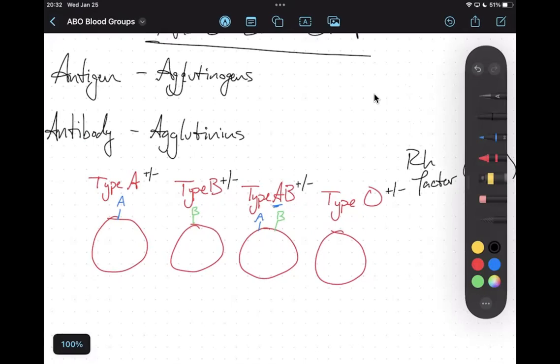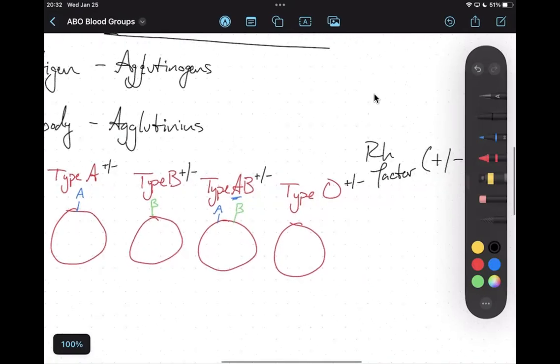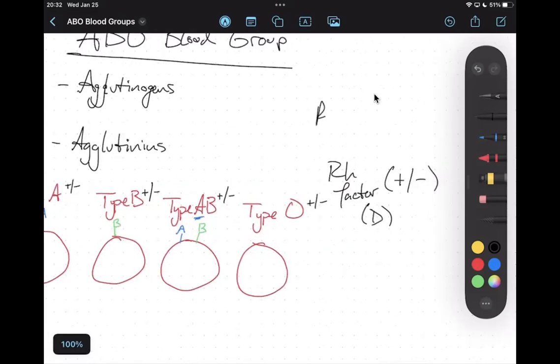This RH factor is sometimes also called the D antigen, because it is encoded by a gene called the RH gene, or the RHD gene. The RH factor was originally discovered in the rhesus monkey, and so the RH is an indication of that.